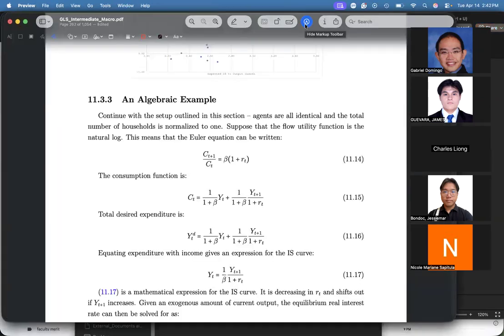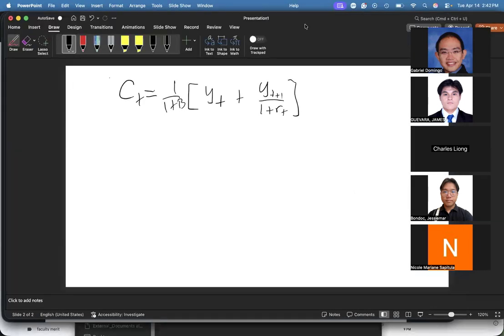Next is total desired expenditure. So if this is your C_t, you can recast this as Y^D_t. Then you plot Y_t, and up here is either your C_t or your Y^D; it's the same thing at this point. What is your Y intercept?